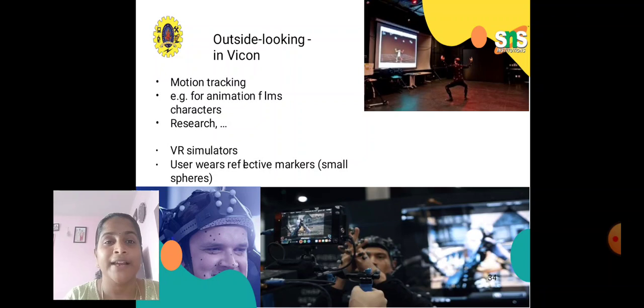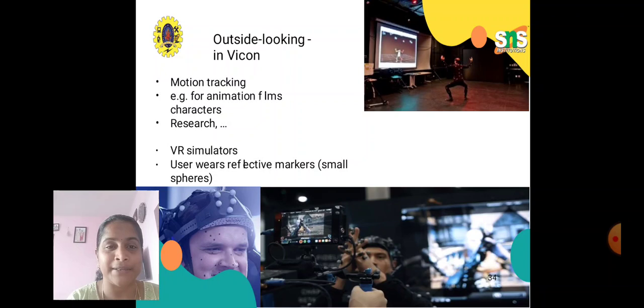See the examples of outside looking in. See here the beacon. It is used for motion tracking, and examples are animation films and film characters, research, and VR simulators, using reflective markers for providing a better experience.